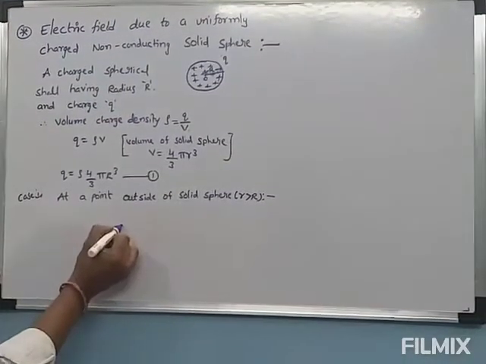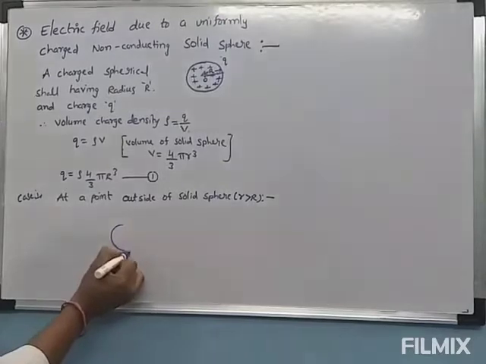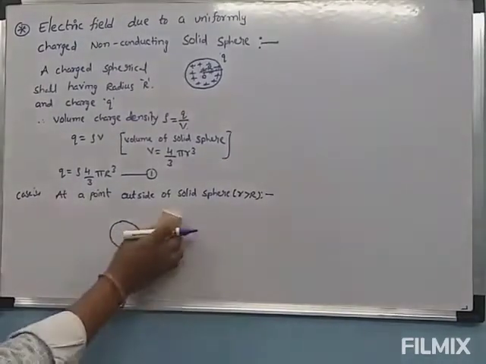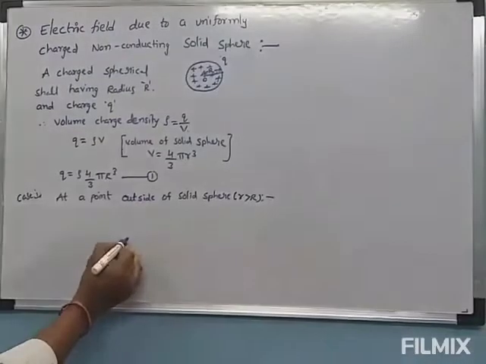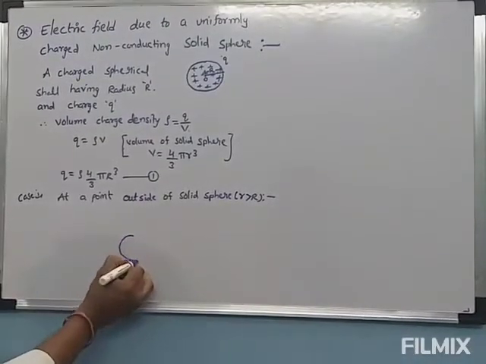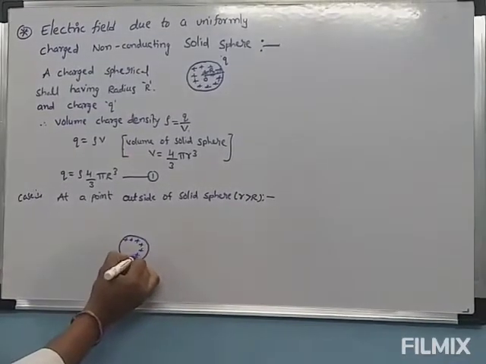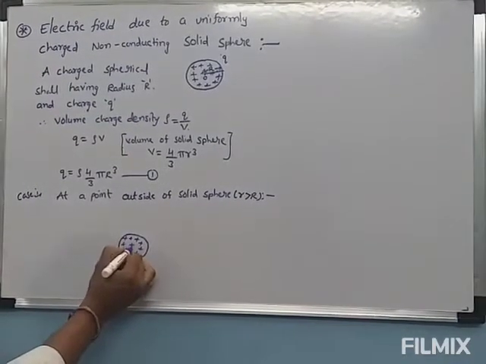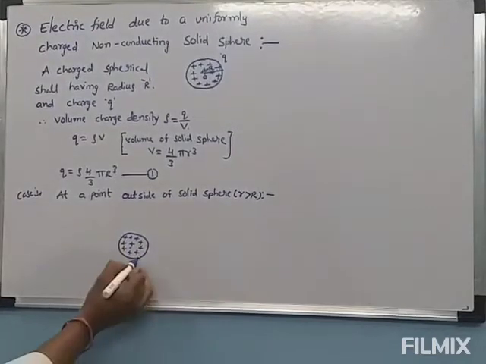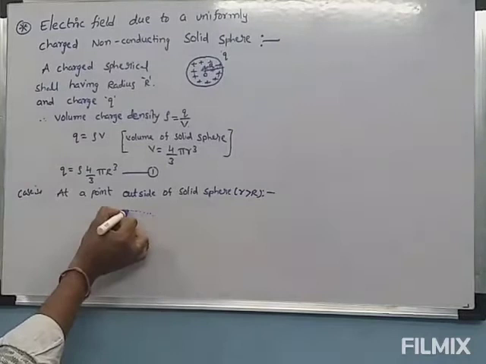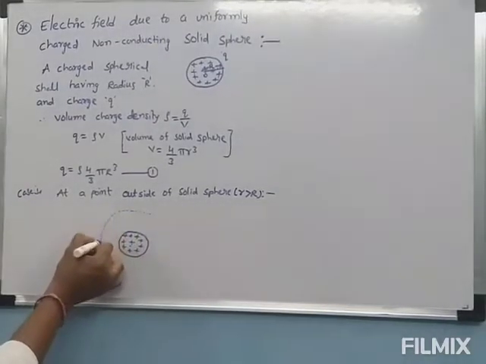Let us consider this is a solid sphere of radius capital R. Around it we draw the Gaussian surface.